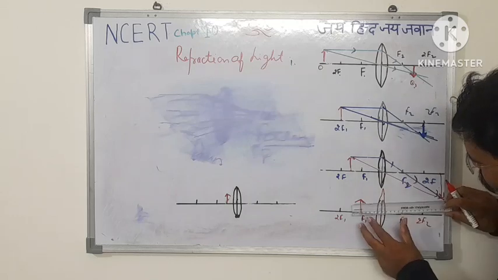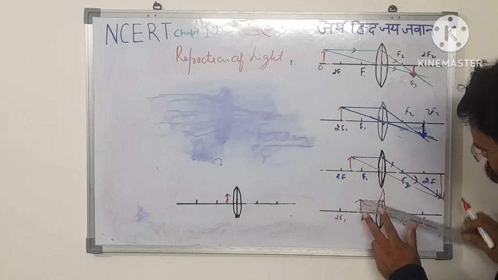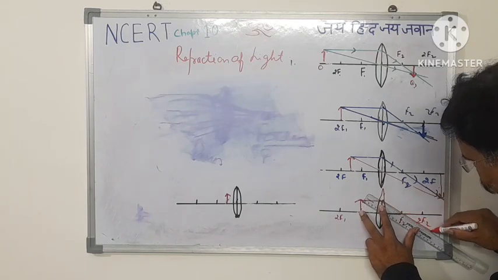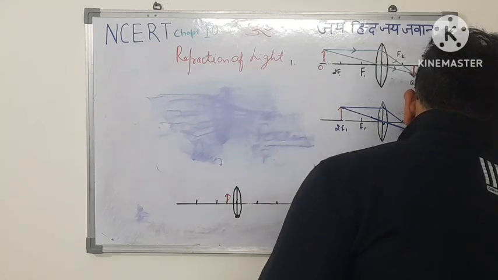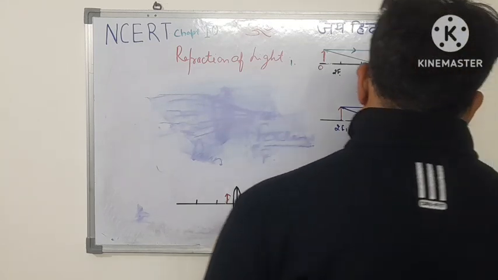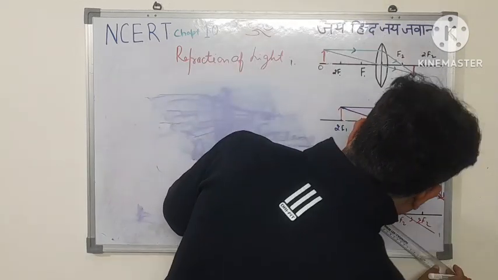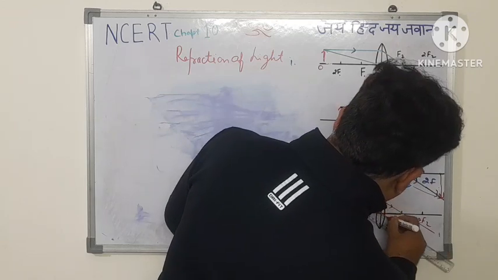The first ray will pass through the focus point only. The second ray will pass through the optical center only.